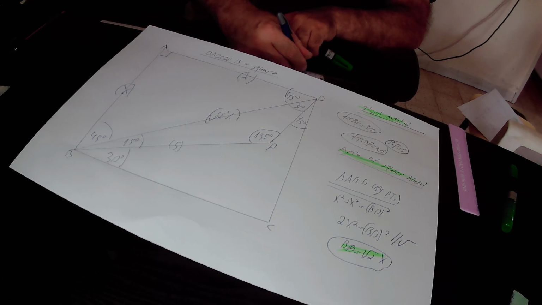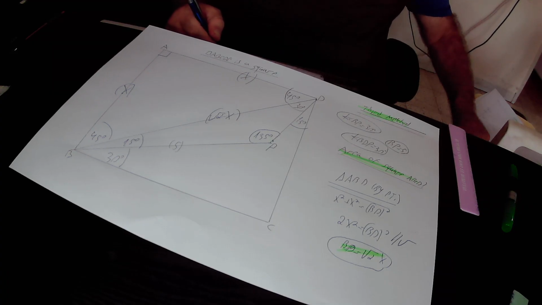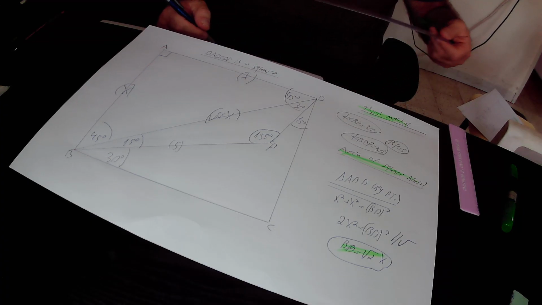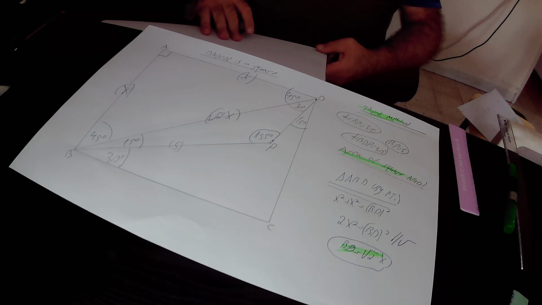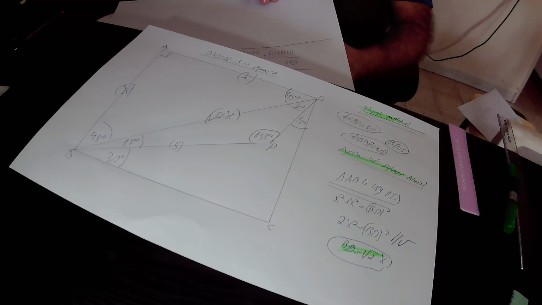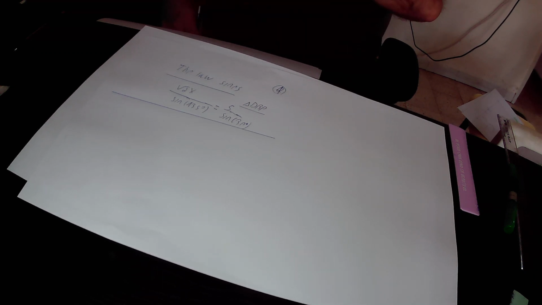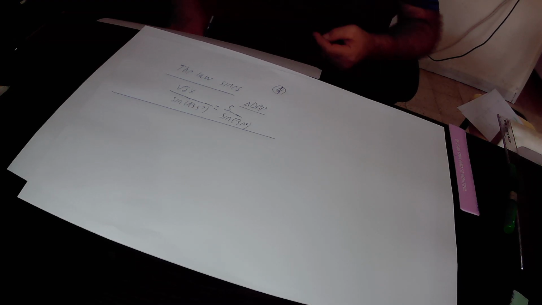Again, according to the law of sines, in this triangle DBP, the following equation is true: square root of 2 times x over sine 135 degrees equals 5 over sine 30 degrees.